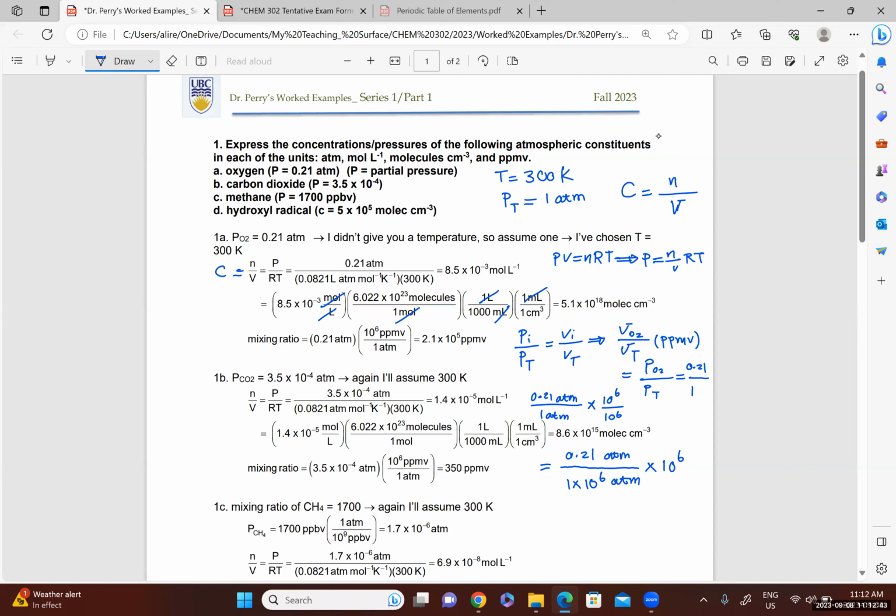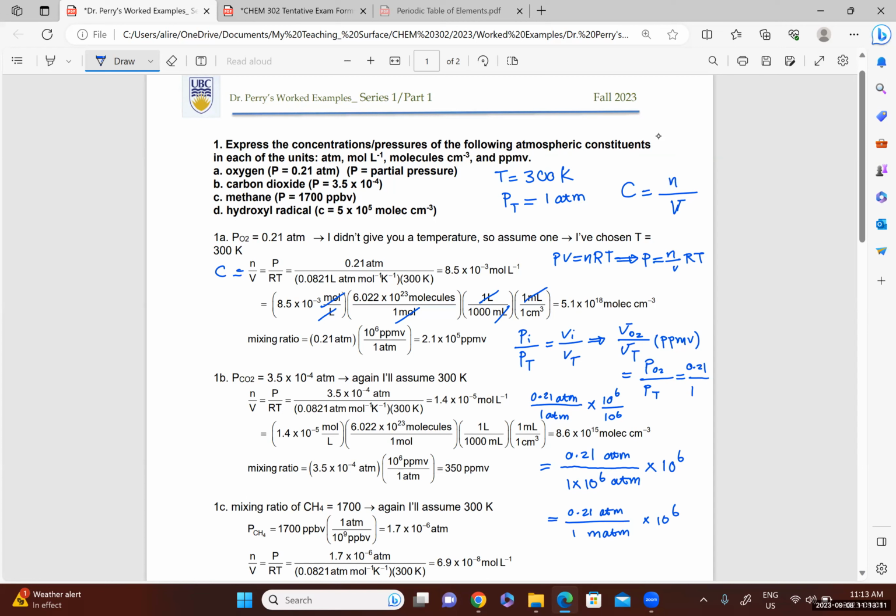But look, in the denominator, at least I made that 1 million atmospheres. So look, it is now 0.21 atmosphere over 1 million atmospheres. So part per million, I still have 10 to the 6. So now I have part per million, which is great.